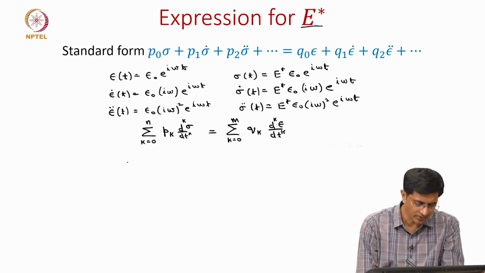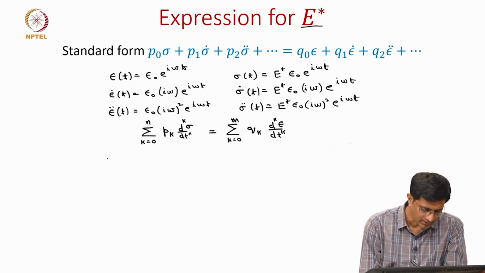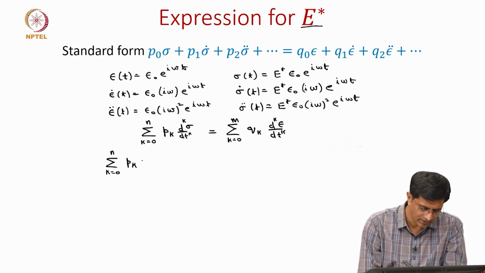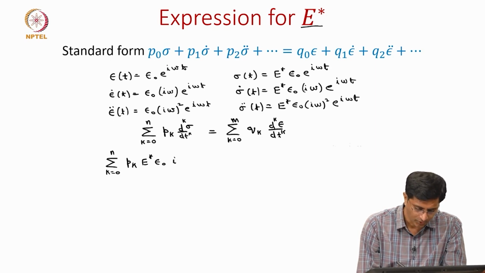So, then we should be able to write this as summation k is equal to 0 to n pk. For the stresses, we will write it as E star times epsilon naught times I omega power k times e power I omega t.